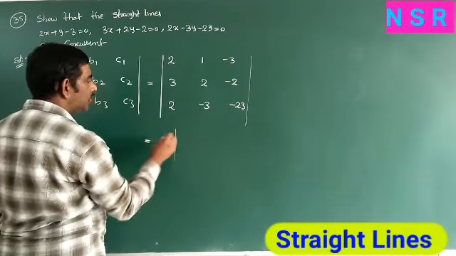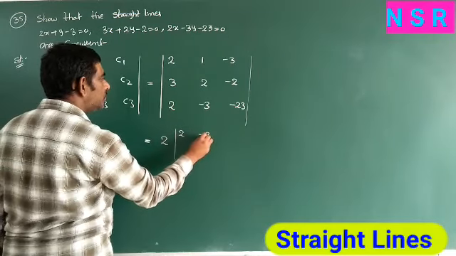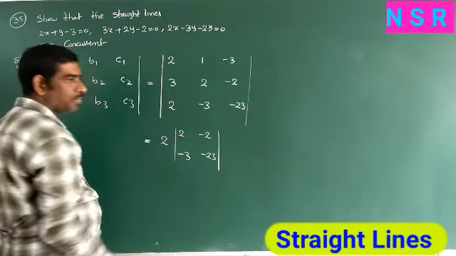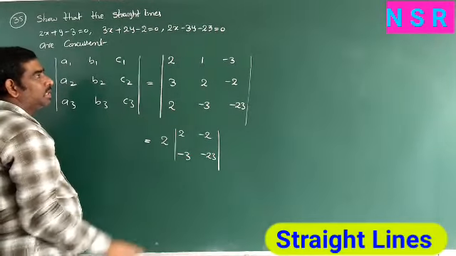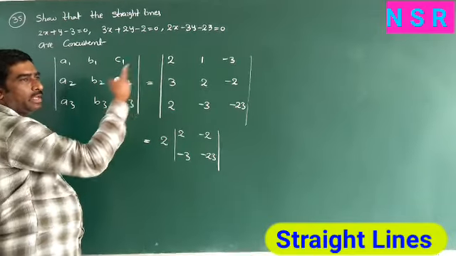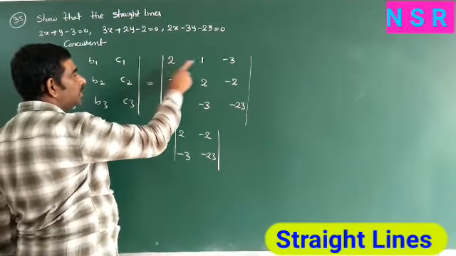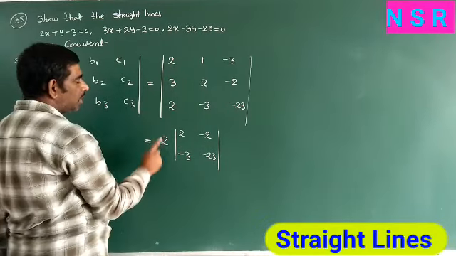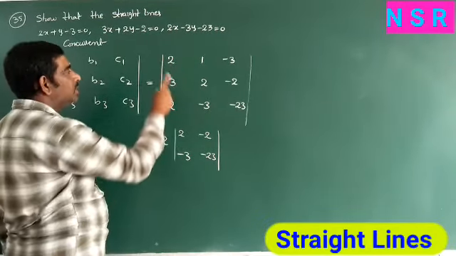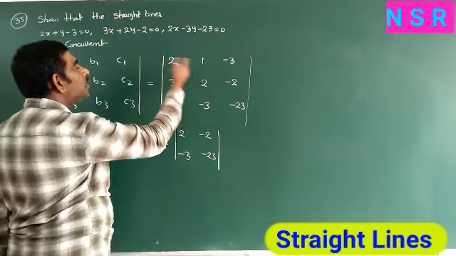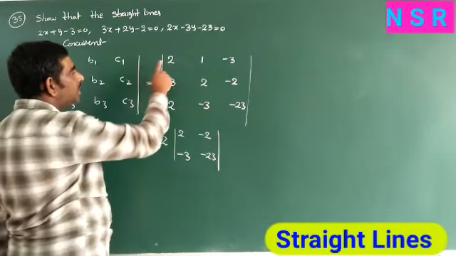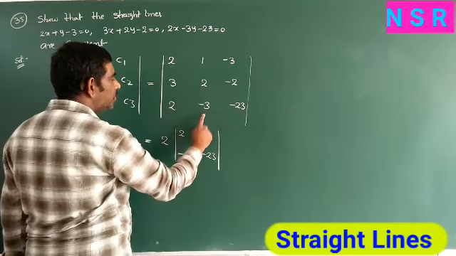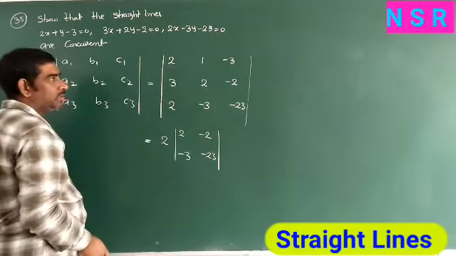Write in a determinant: 2, minus 2, minus 3, minus 23. Listen carefully, this is a 3 by 3 matrix. So how to find this 3 by 3 determinant value? Write the first row, first column element and remove its row and column, and write here 2, minus 2, minus 3, minus 23.